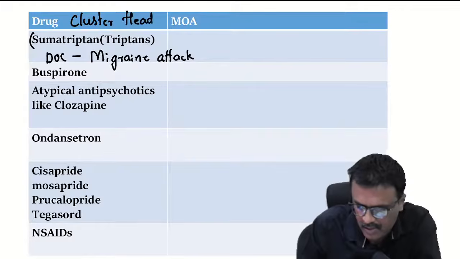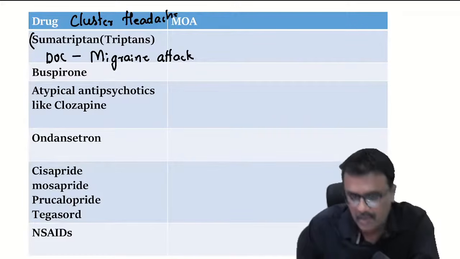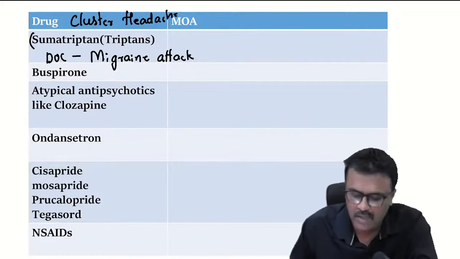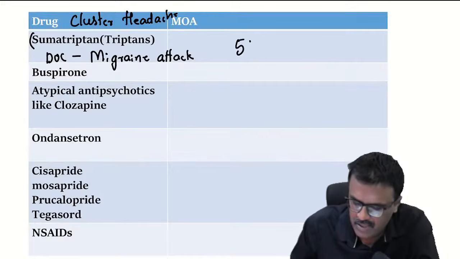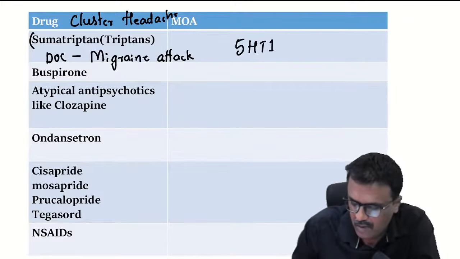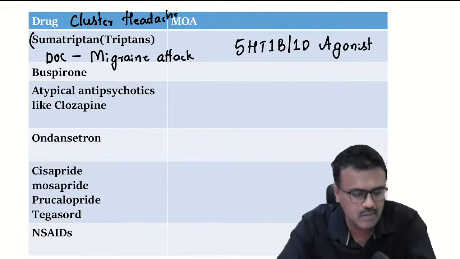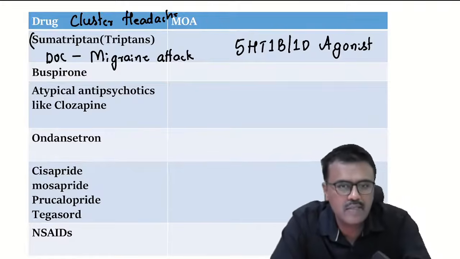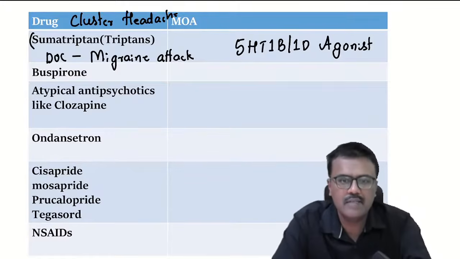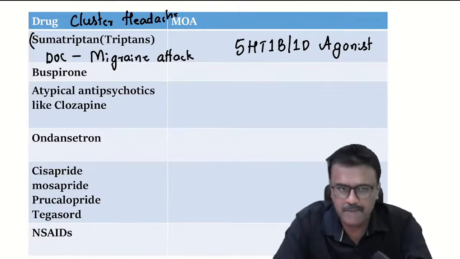What is the mechanism of action of sumatriptan? It's a 5-HT 1B/1D agonist, a serotonin agonist. Not only that, it also decreases nausea and vomiting, and it decreases calcitonin gene-related peptide.